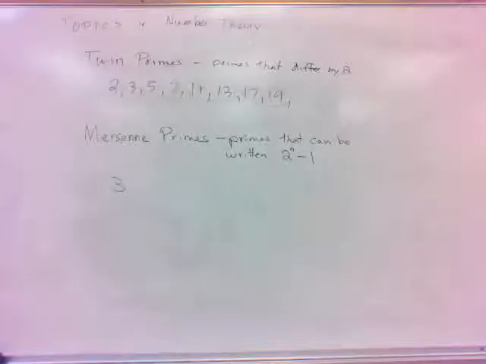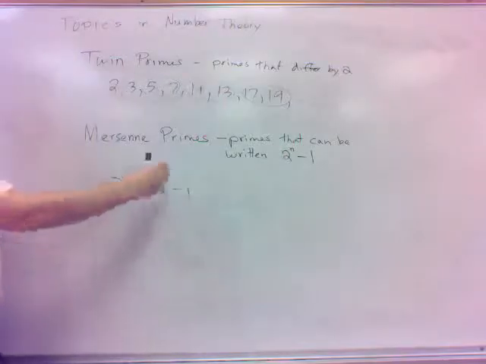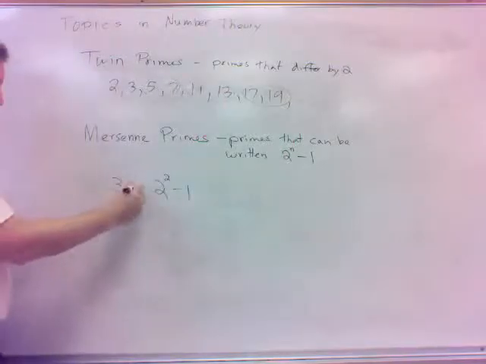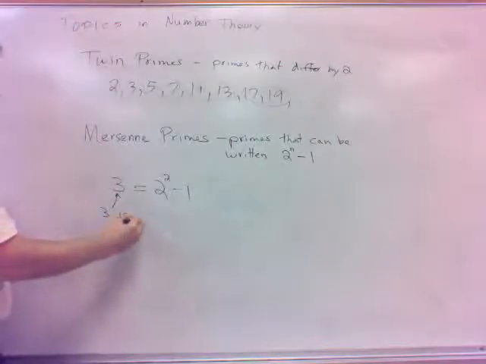What power of 2, if you subtract 1 from it, would give you 3? 2 to the 2, right? 2 to the second minus 1. 2 to the second is 4, and then minus 1 you get 3, don't you? Okay, so 3 we say is a Mersenne prime.